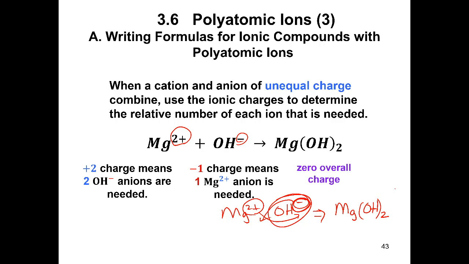If I don't put the parentheses there, that would just be saying I had 2 H's, 1 O, and 1 Mg, instead of 2 oxygens, 2 hydrogens, and 1 magnesium. So that's why we have to write those parentheses when we're doing multiples of those.